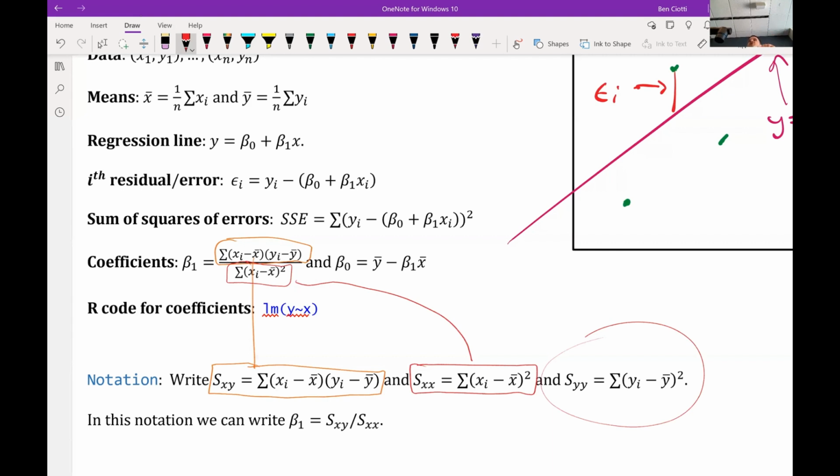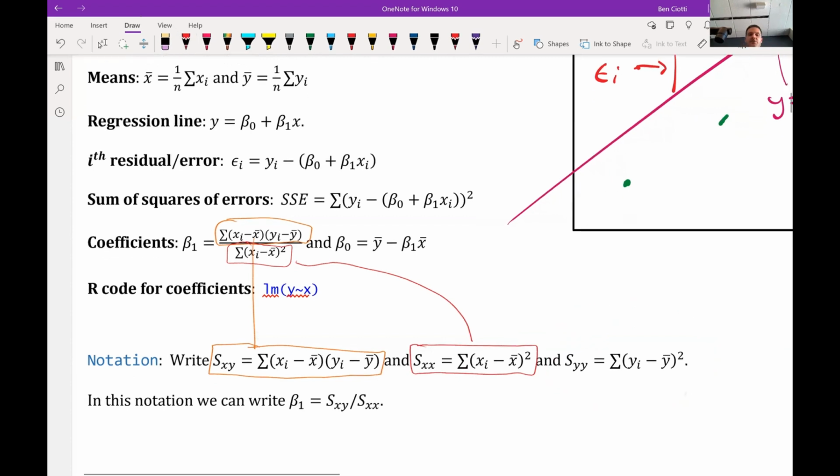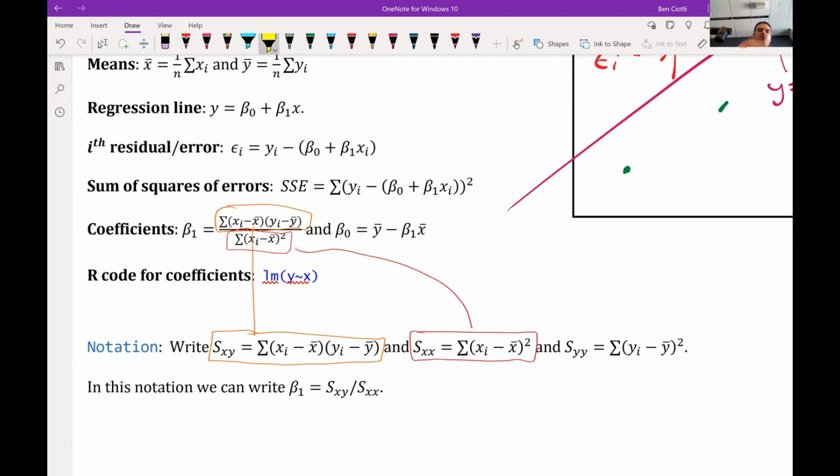When I say deviation, I mean difference from the mean. And you'll see shortly why I make this definition as well. We haven't used this term yet, but we will. So in this notation, we could also express the formula for beta 1 as S sub xy over S sub xx.